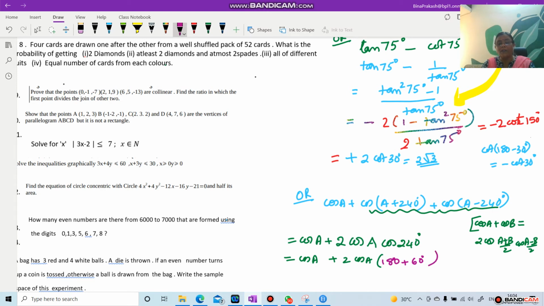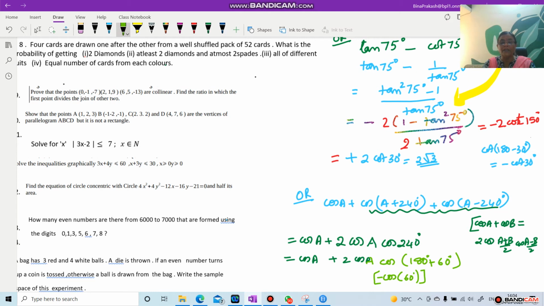Sorry, I missed out one term here. 180 does not change the ratio, so cos continues to be cos of 180 plus 60 degree, which gives us 240. But since it is in the third quadrant, the sign of it will be negative.